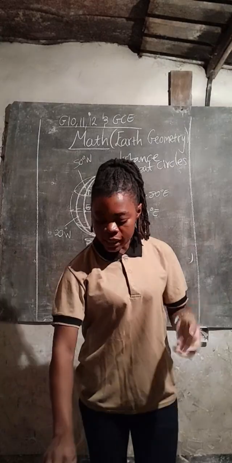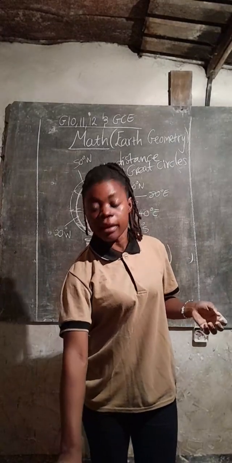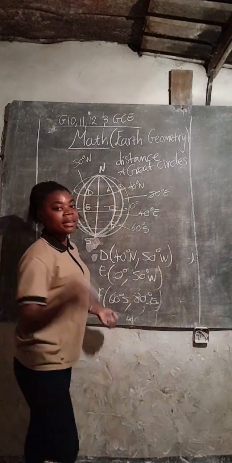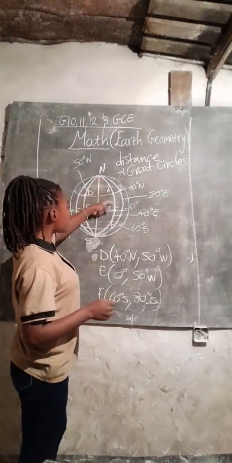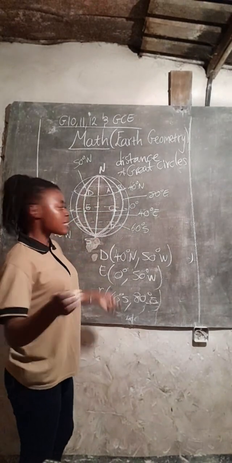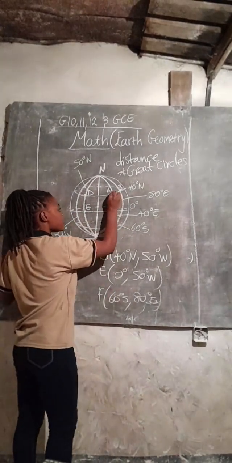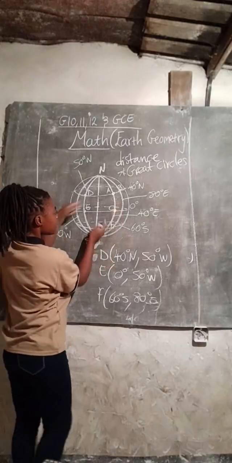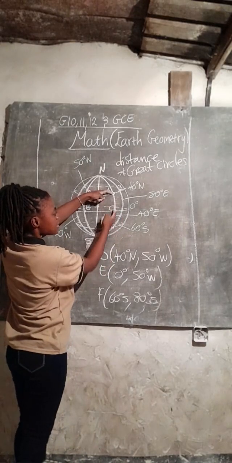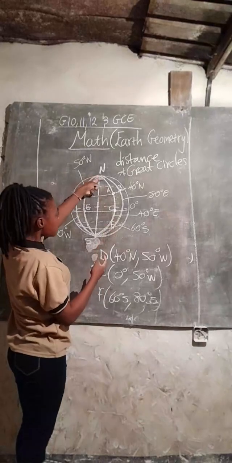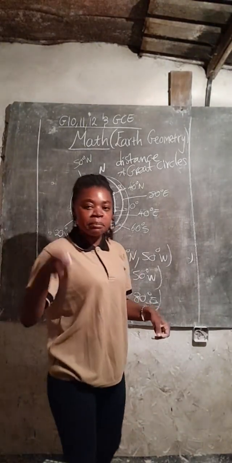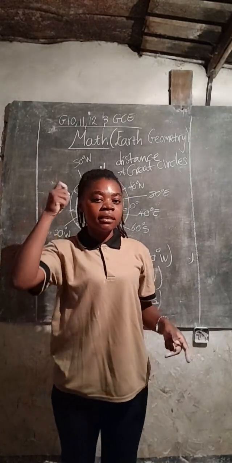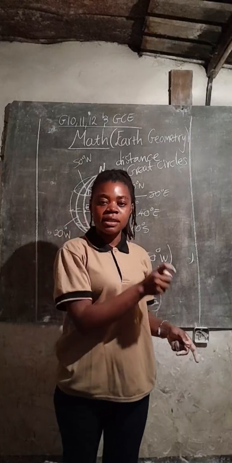If they tell you to calculate distance along the great circle, meaning you're calculating distance of points that are sitting on the same longitude. Example, they'll ask you to calculate point A and point C. A and C are sitting on the same line, this line. So if they're sitting on the same line, it means it is distance on a great circle.